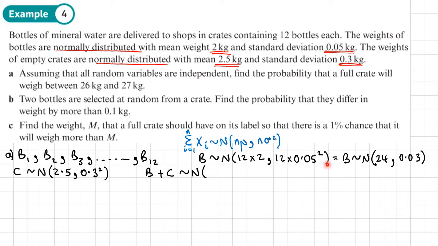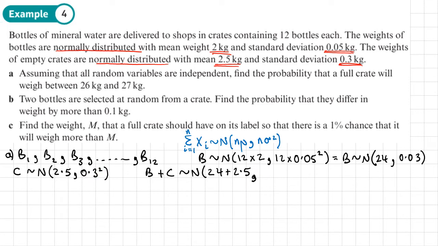Its mean is going to be the mean of the 12 bottles. So we're just using the mean of X plus the mean of Y. So it's going to be 24 plus 2.5. And for the variance of the 12 bottles plus the crate, that's going to be the 0.03 plus the 0.3 squared.